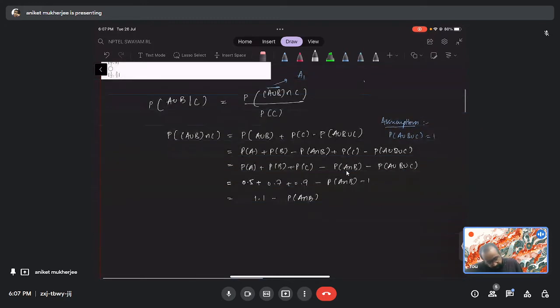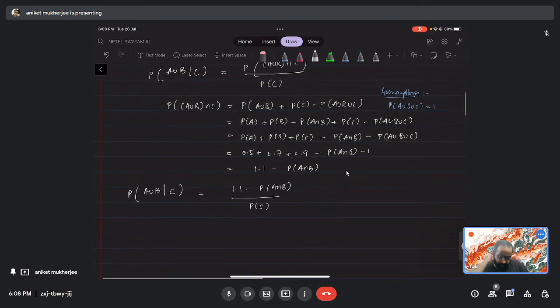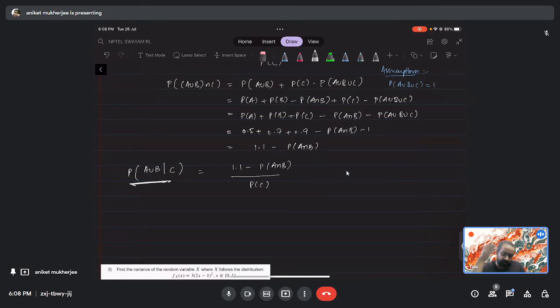So the conditional probability of A union B given C is equal to (1.1 minus probability of A intersection B) divided by probability of C. Now I need to find the bounds on probability of A union B given C: the maximum and the minimum value it can achieve.